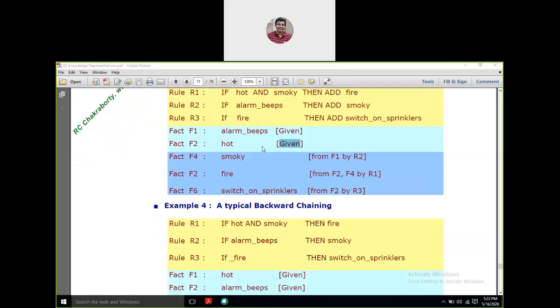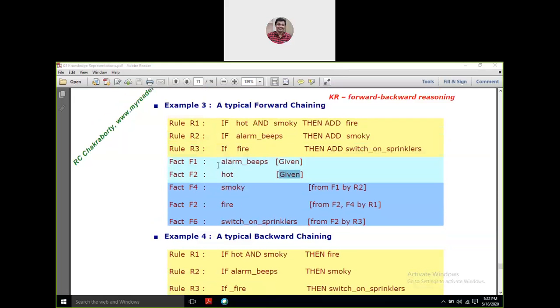Right? Now, what are the extra facts that can be added? If you start skimming from the first rule towards the third rule, by including the already provided facts, that means F1 and F2, you can deduce or infer further information. What are they? Now, fact 4 has been generated or added. How did I add this fact 4? From F1 and R2.